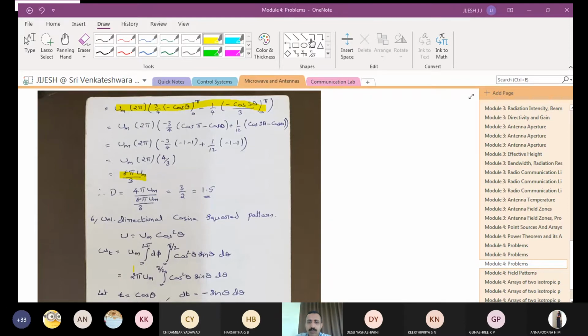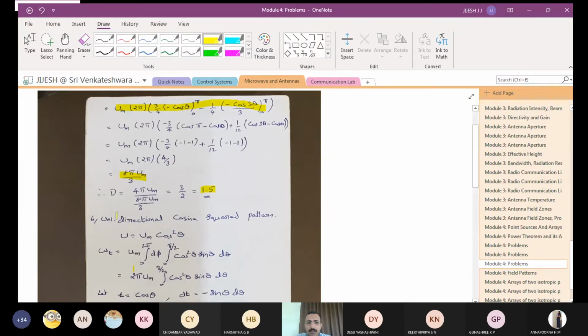Yeah. So once it's good, some of you have completed it. So what you will be getting directivity then? Directivity is 3 by 2 or you will get 1.5. So here directivity you will get 3 by 2 or 1.5.